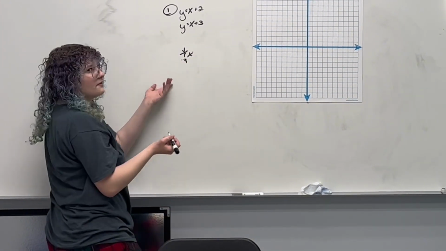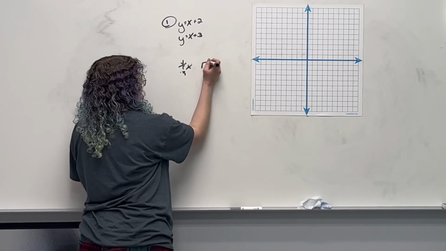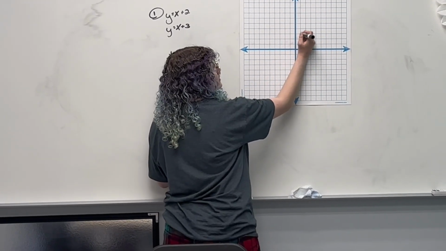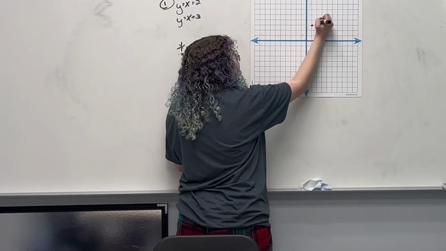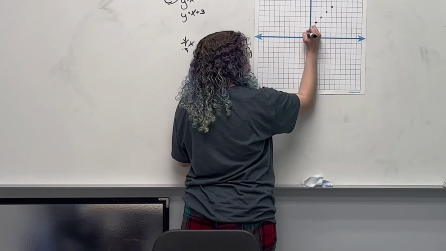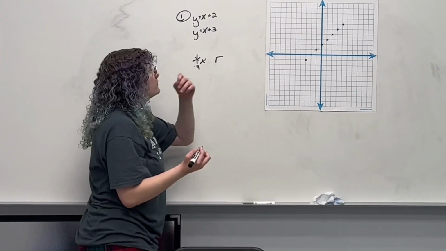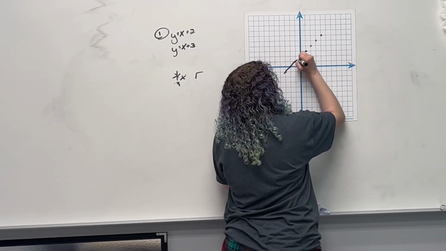So just associate that with a 1. Because it's a 1, you would just go up 1 over 1. So you start at 2 and go up 1 over 1, and your first point will be right there. You go up 1 over 1 again, and then go down like that too. You do that a couple times, and that's going to be your first line. So you'll just connect the dots.